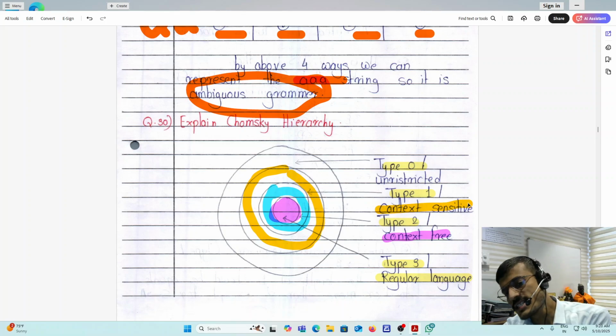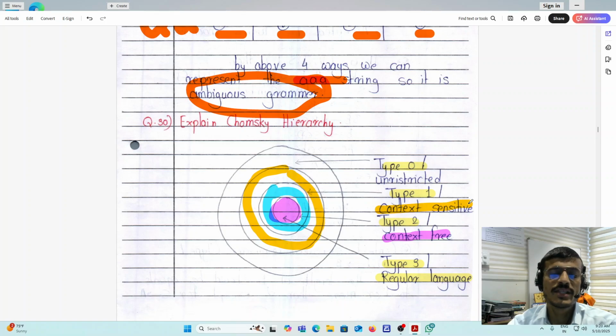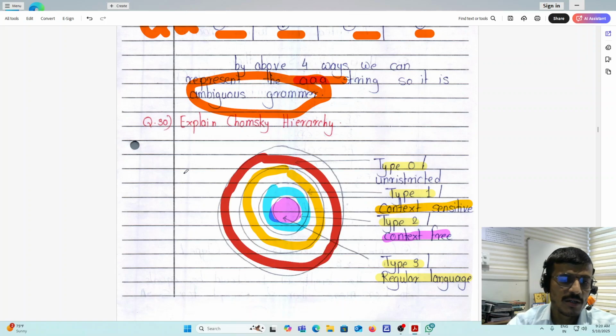Context sensitive is accepted by linear bounded automata or Turing machine with the halting acceptance, and finally unrestricted. Unrestricted is accepted by Turing machine with halting acceptance or any type of Turing machine, and which is more powerful. That's why it is called unrestricted.